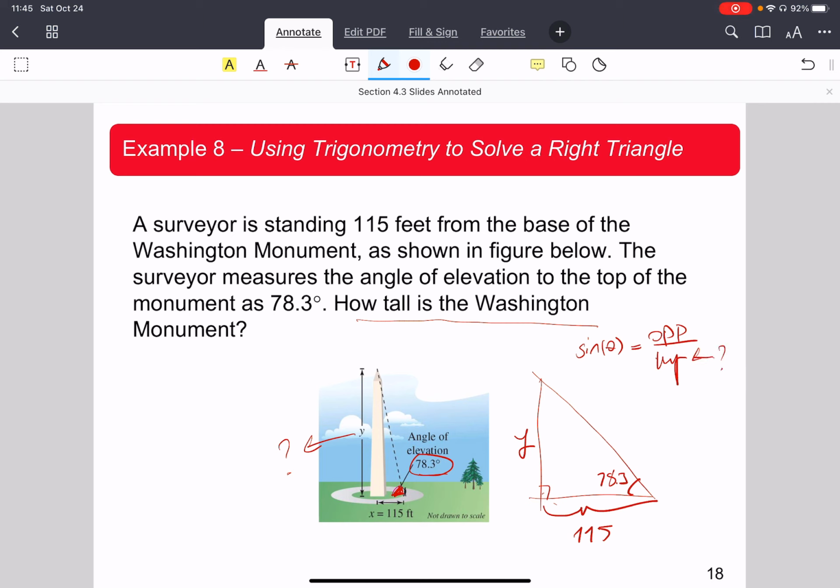So instead of using sine, why don't we use the tangent function? Because tangent is opposite over adjacent. Opposite is what we're trying to figure out, adjacent is what we have, and we can compute tangent of theta using our calculators.